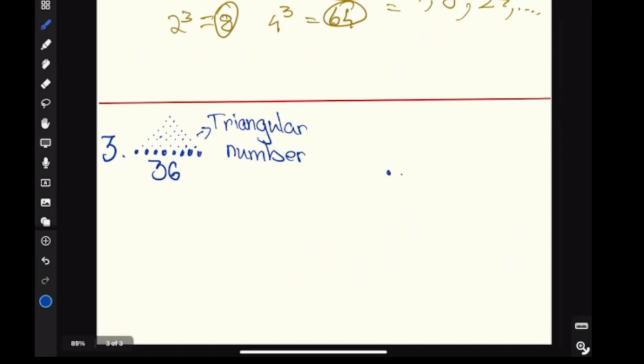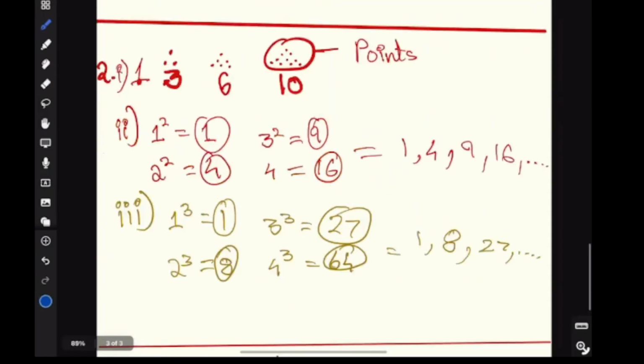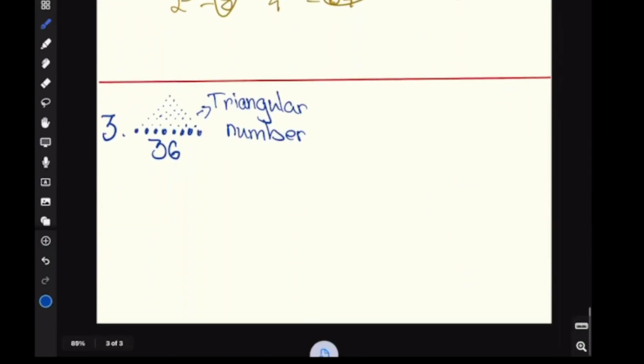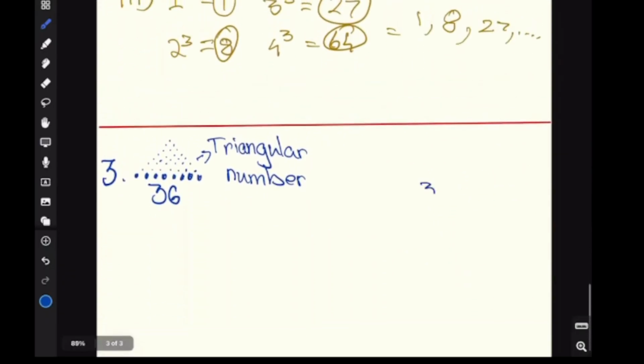Over here you might see these dots. These all dots are 36 dots. So the same thing can be drawn here. I'll just draw it, 36 squares.